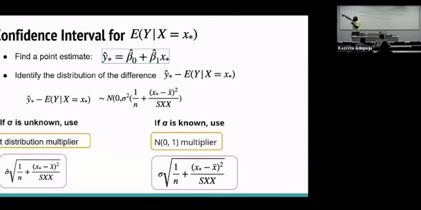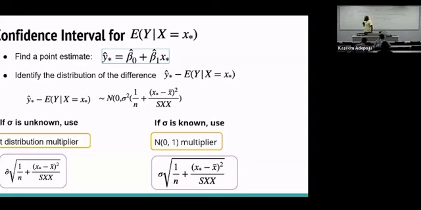If you take a look at the sigma squared, the sigma squared is variance, but sigma is the standard deviation. We call that population variance, and sigma is population standard deviation.